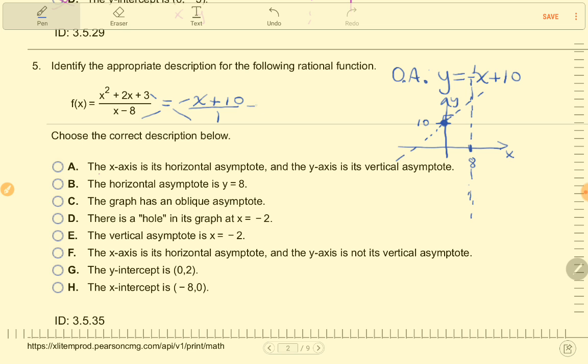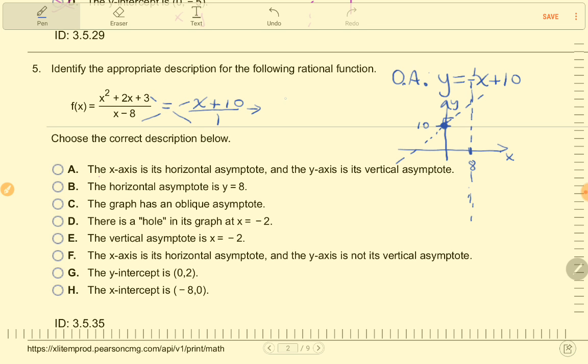So this will become x squared plus 2x plus 3 times 1, which will be itself, and then x minus 8 times x plus 10. Alright, and then when you FOIL this out on the right, you get x squared plus 2x minus 80.